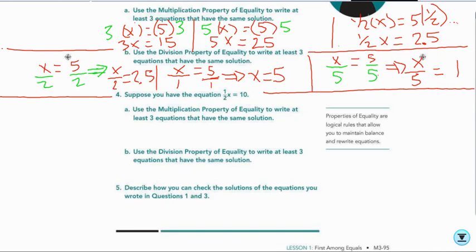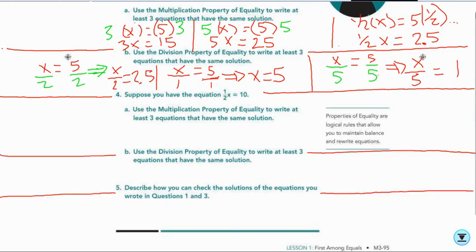Question 4 says, suppose you have the equation 1/2 x equals 10. And this is going to be a little bit more challenging because we have fractions and we don't have much space. So if I have 1/2 x equals 10, and let's put that in parentheses, it says to use the multiplication property of equality to solve this.